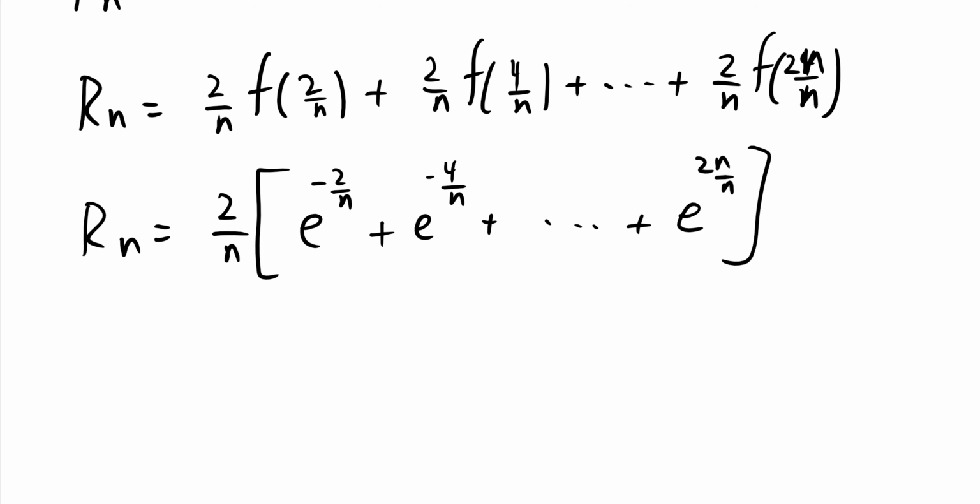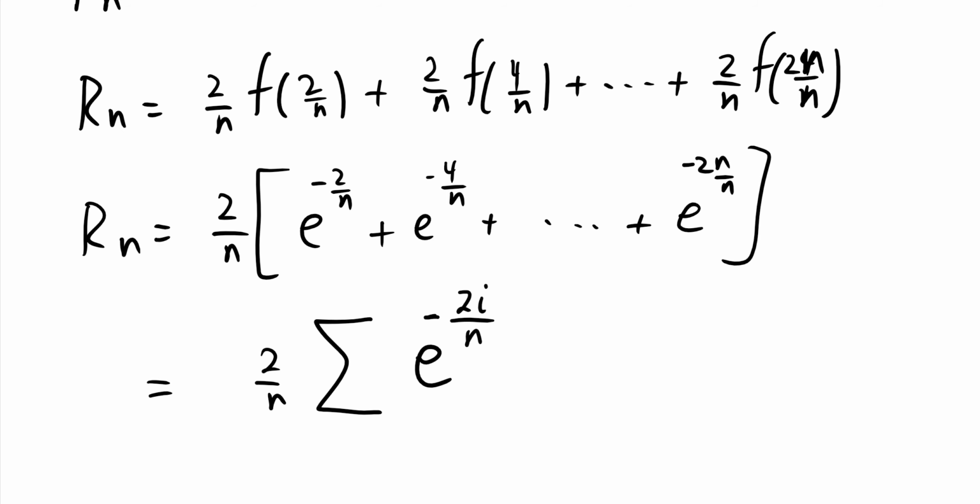So what is happening here? Can I write this in sigma notation? Well, we can. 2 over n, the sum. There's e in all of them, all of them have n in the denominator, and actually there's a negative sign in all of them. On the top, 2, 4, 6, up to 2n.